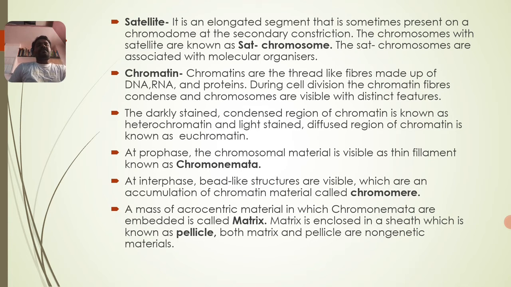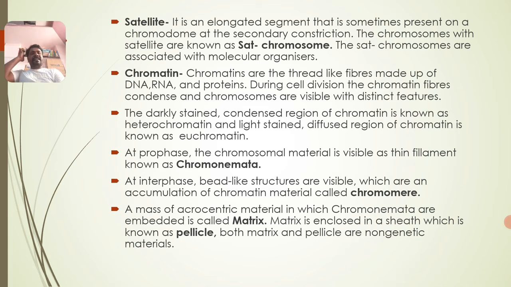The SAT chromosomes are associated with molecular organizers, in the form of, I think you heard, palindromic sequences. Those palindromic sequences of DNA are mainly found in the region where the SAT chromosome is present, the satellite segment above the region of the secondary constriction.